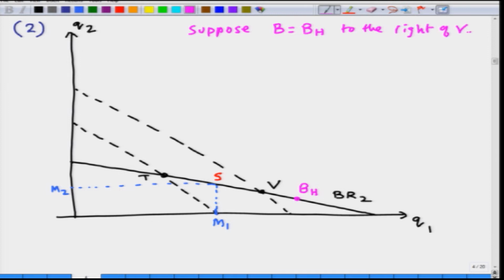Now, in this case notice, this is the point where the entrant's profit has become 0. So, this essentially means that even at its least preferred Nash equilibrium point V, the entrant earns positive profit. So, this essentially means that pi 2 at V1 V2, which corresponds to V1 and V2, right.